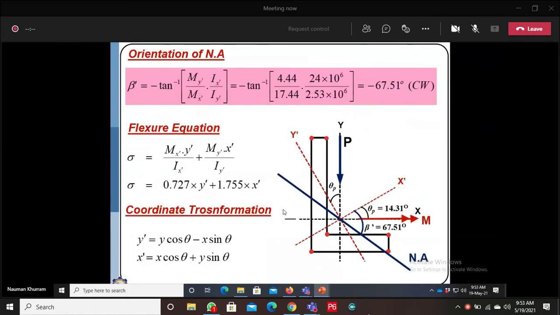Okay, next. If you want to determine the stress only at one point, you can substitute all the values in the equation separately.